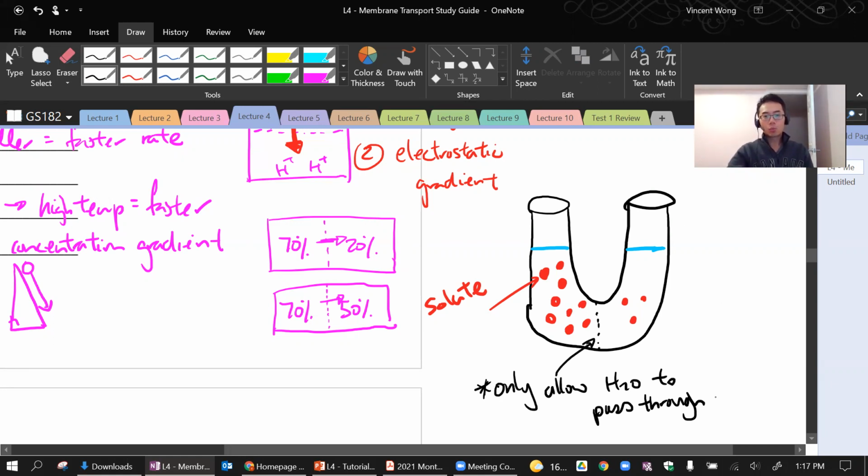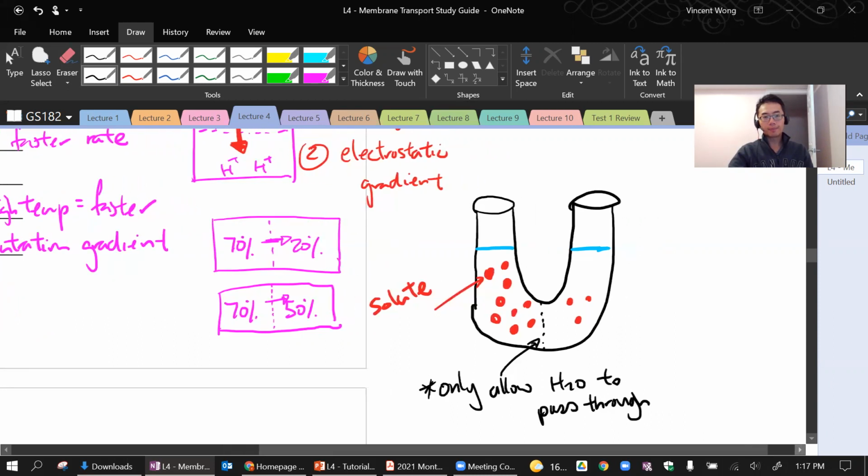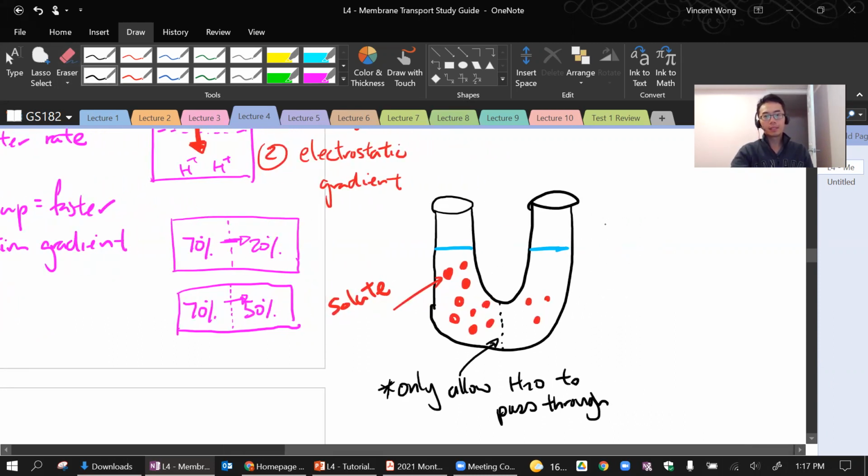My question is, what will happen over time? What will happen over time to the water levels? So A, no change. B, left goes up, right goes down.